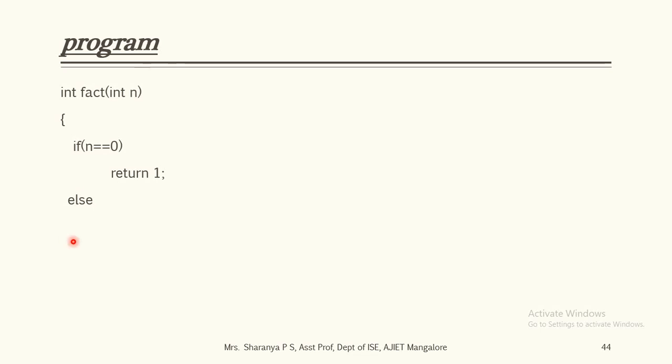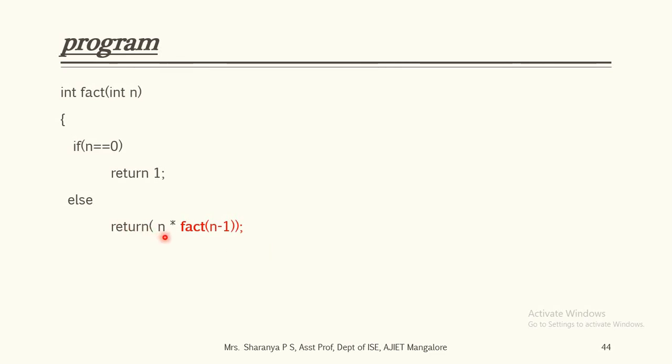Next, the template we follow here is that in the if condition we write the termination state, that is, when n reaches 0, it will return the value 1. And in the else, the main statement, that is nothing but the recursive statement, we write here.